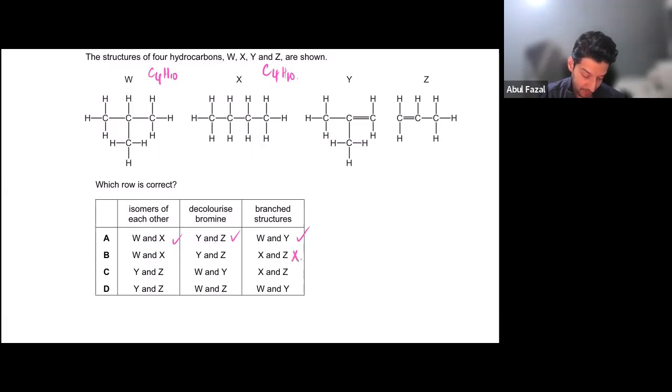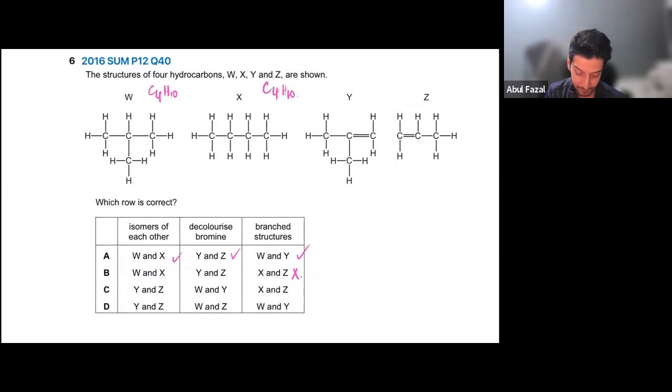C, Y and Z. I'm just checking what's different from the answer so we can highlight quickly what's wrong. Y and Z are isomers. Are they isomers? They might look like isomers, but this is C4H8, I think, and this is C3H6.